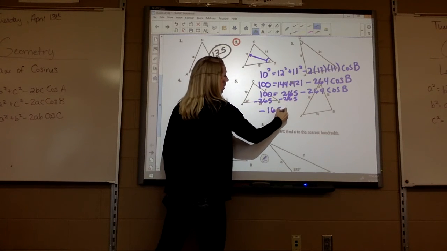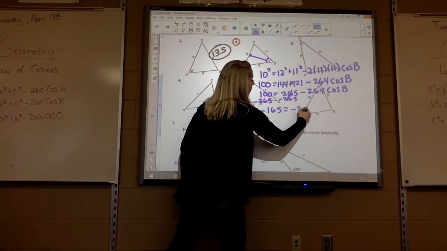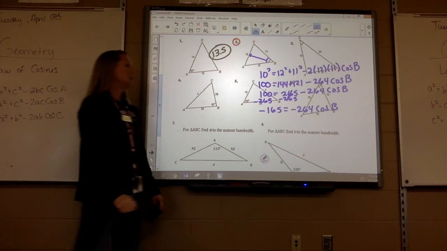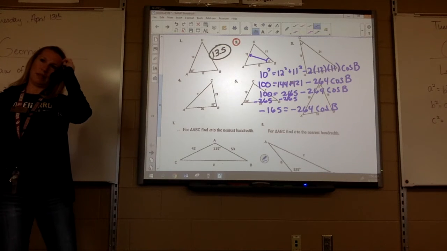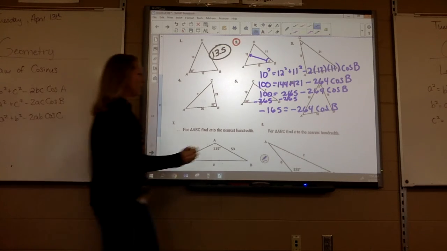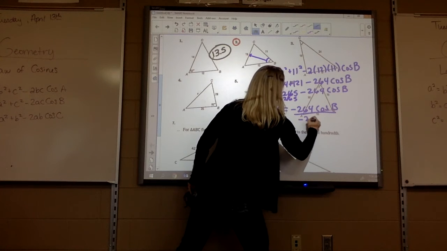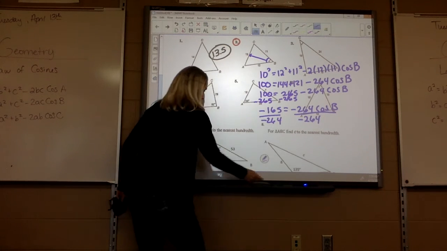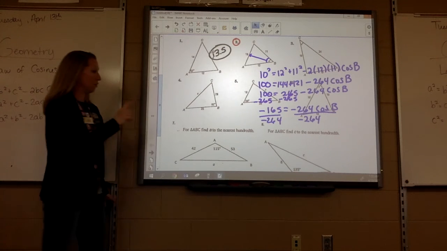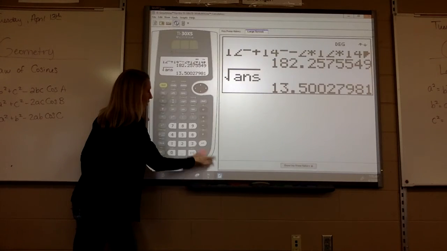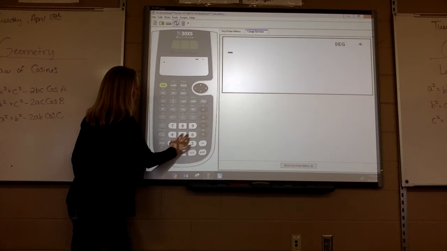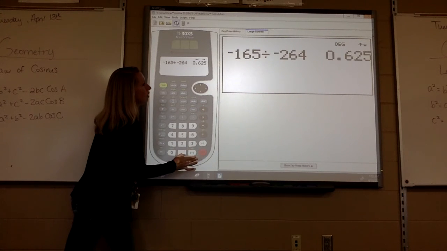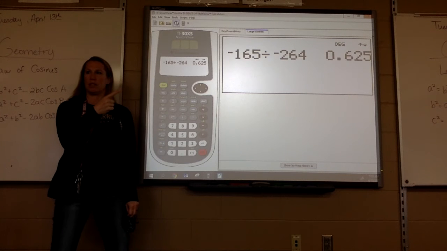Negative 165. Negative 264 cos B. So what's our final step? Divide both sides by negative 264. I'm going to do that in my calculator too. So negative 165 divided by negative 264. Did you guys get 0.6?